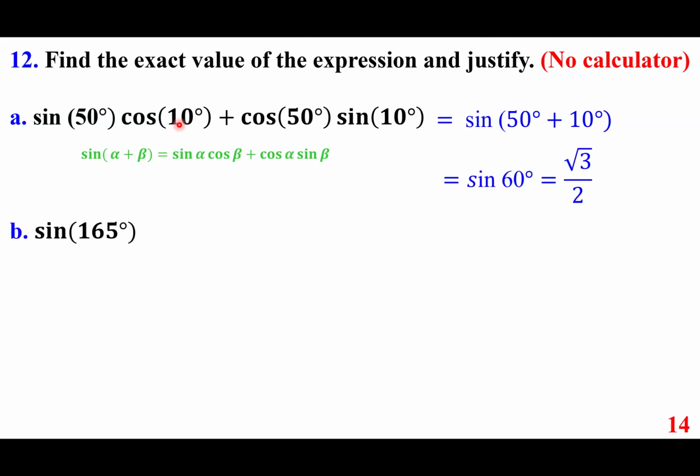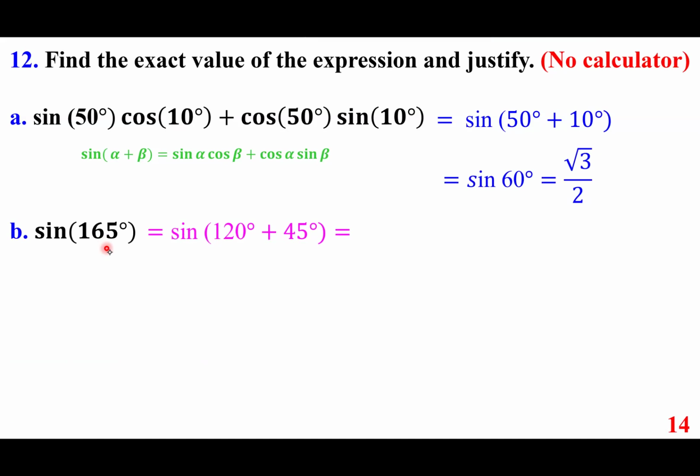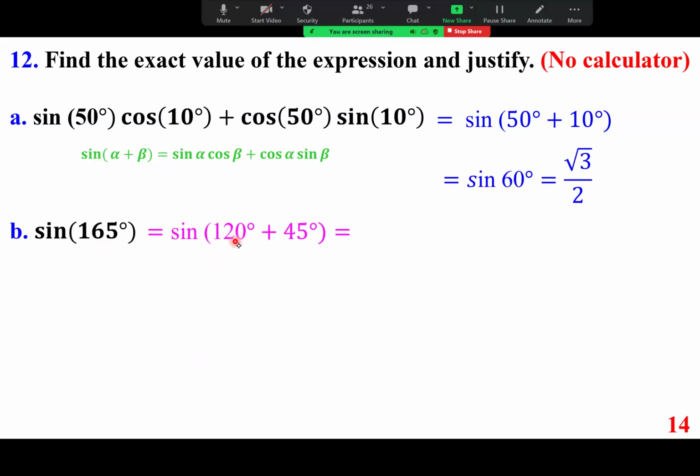Sine of 165 is the sum of 120 and 45 as an example. Both of which are common arcs. So according to this formula, sine 120 cosine 45 plus cosine 120 sine 45.